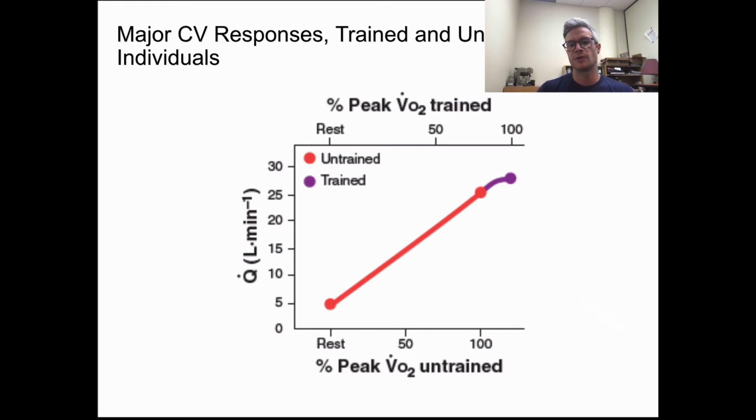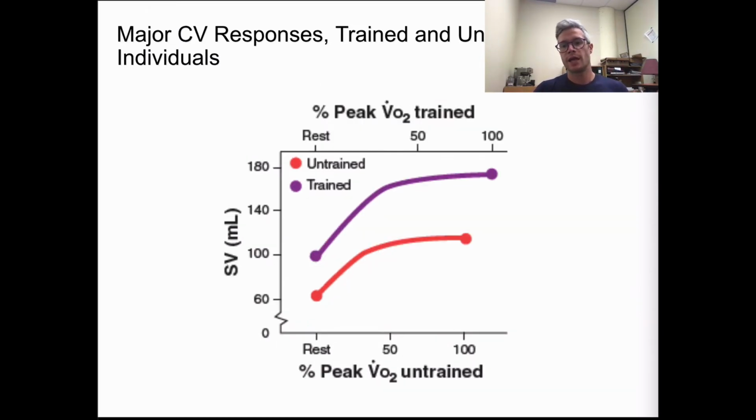And again, that makes sense if we think back to the two factors that contribute to cardiac output, being heart rate and stroke volume, which we'll see here. Sure enough, here's our trained individual with a higher stroke volume, quite significantly relative to an untrained individual, which is lower. And we also know it takes a longer amount of time for a trained individual to get to a greater amount of their VO2.